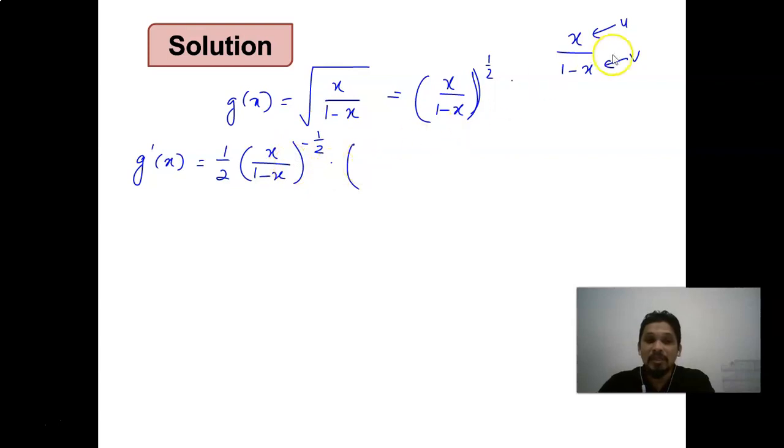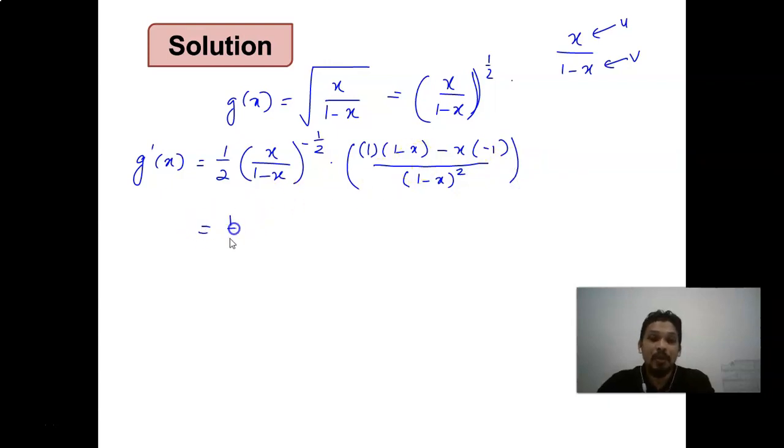So multiply with the derivative of this, which is (u prime v minus u v prime) divided by v squared. Do you still remember that? Okay, let's find out. u prime equals the derivative of x, equals 1, multiplied with v, 1 minus x, minus u, which is x, and v prime, the derivative of 1 minus x, is negative 1, divided by v squared, or (1 minus x) squared.